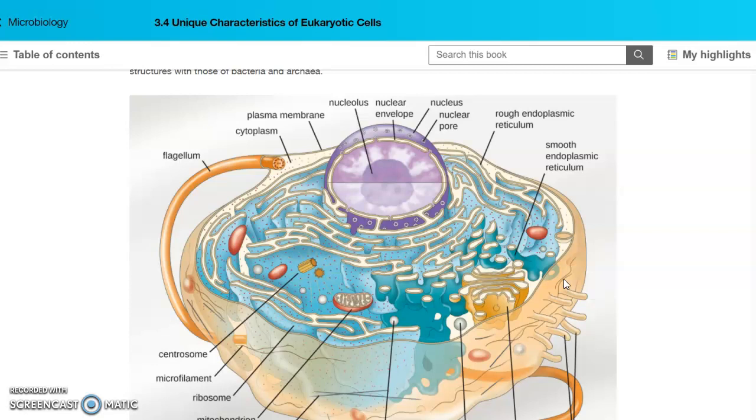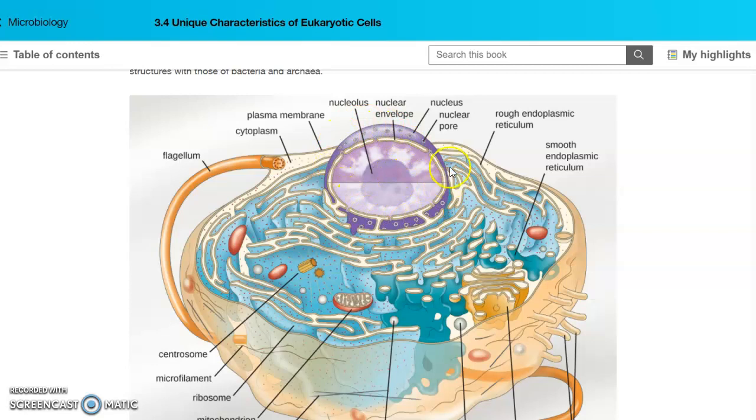You see a lot more structures inside the cell than we had with the prokaryotic cell. So this is just a generalized cell here, okay? Keep in mind that we use this as a model, that not all cells are going to have all of these parts. But what all eukaryotic cells do have in common is the nucleus.